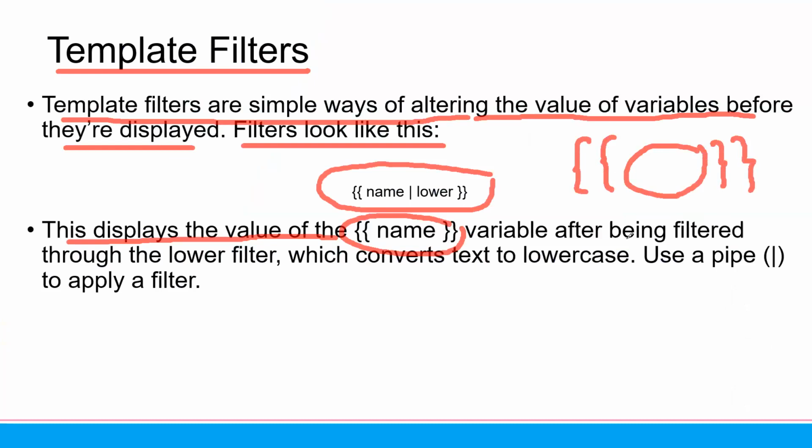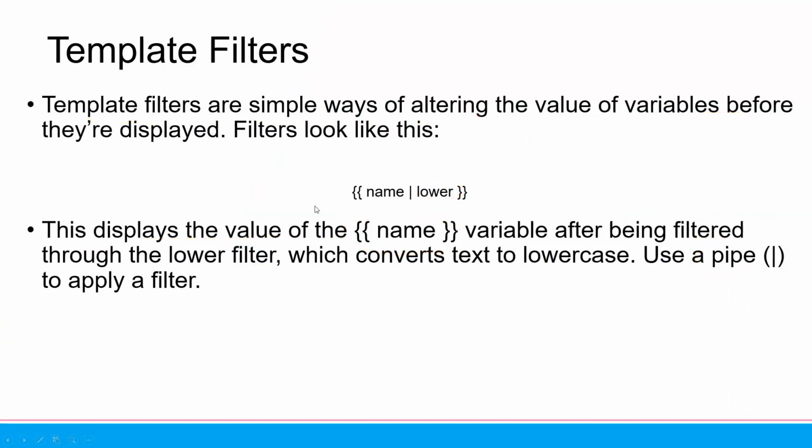And we use what they call a pipe. This pipe is the vertical line, and it indicates the filtering that you want to do. In this case, we filter through the lower filter, which means we want to convert the text to lowercase.